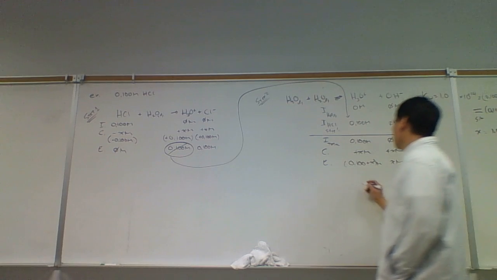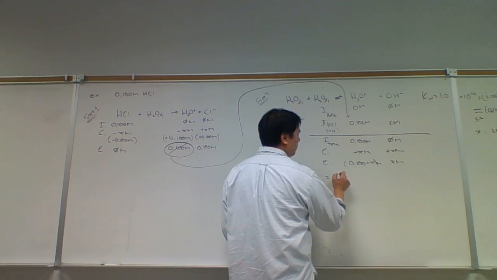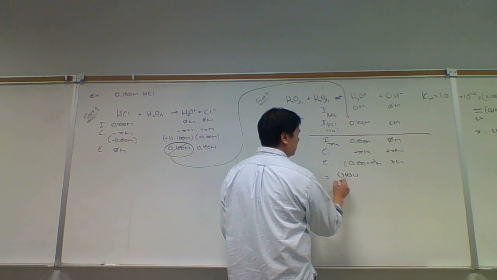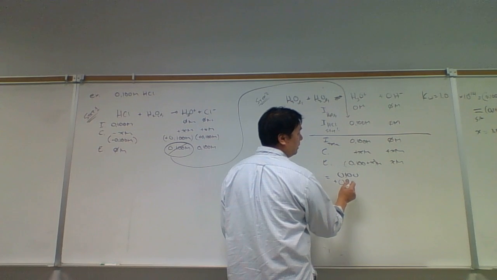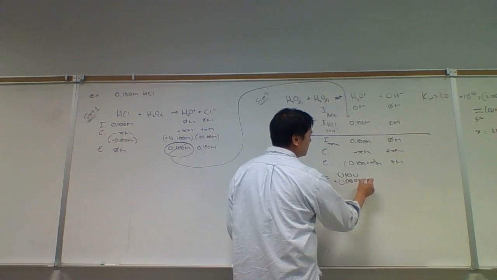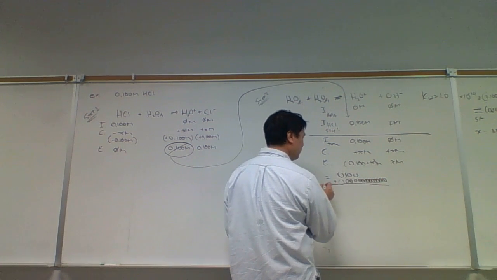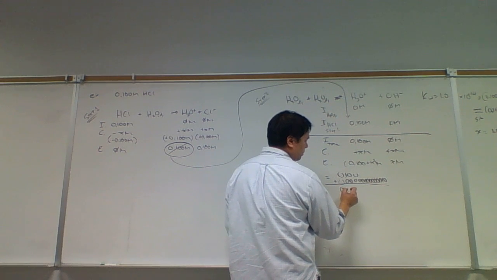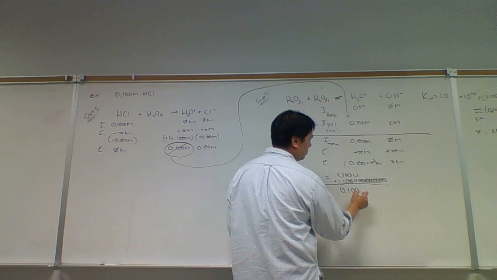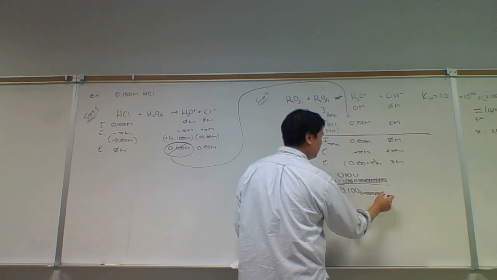Okay, 1.0 times 10 to the minus 13 means that this is going to be 0.100 plus point, now I need 12 zeros. So 1, 2, 3, 4, 5, 6, 7, 8, 9, 10, 11, 12, and then a 1, 0. And so I'm going to get point 1, and then 11 zeros after that, 1, 2, 3, 4, 5, 6, 7, 8, 9, 10, 11, 1.